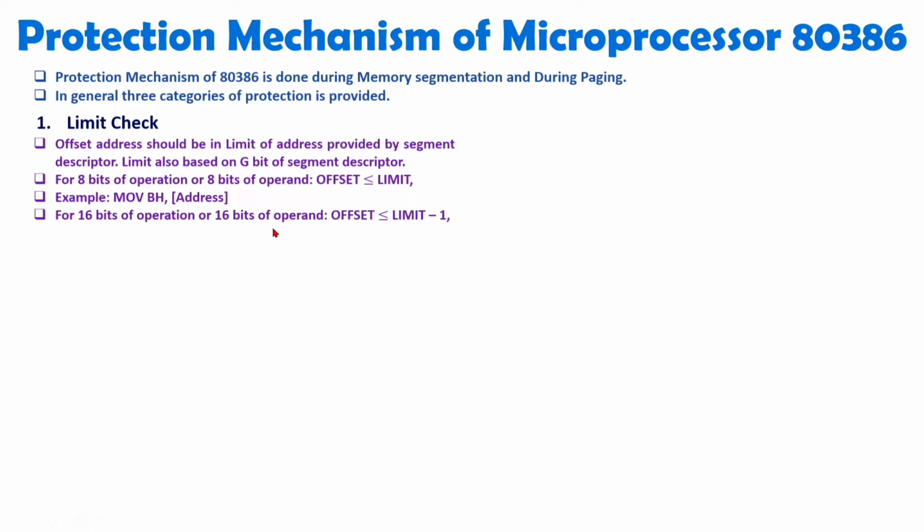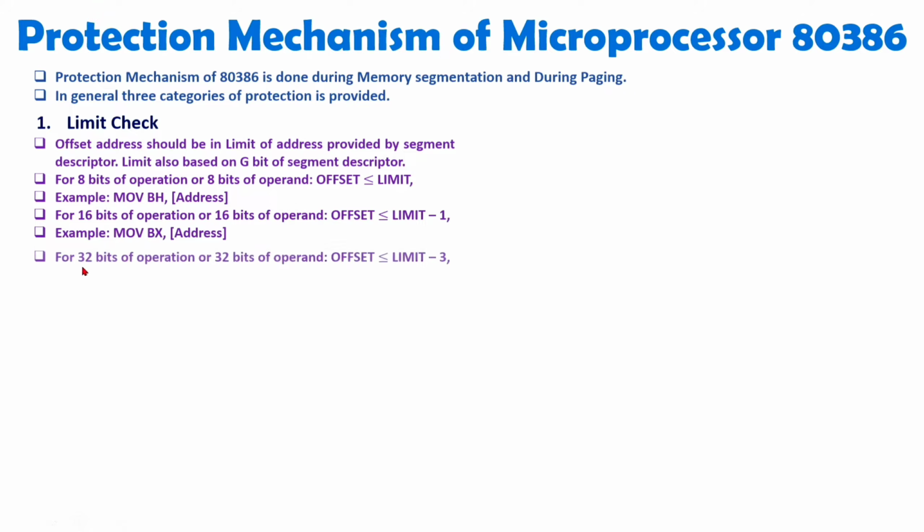Why? The reason is that the operand size is 16 bits, so at the last offset address it is possible that we have 2 bytes. In that case the offset should be lower than or equal to limit minus 1. For example, if you execute MOV BX, memory pointed to by an address, the operand size is 16 bits, so the offset should be lower than or equal to limit minus 1.